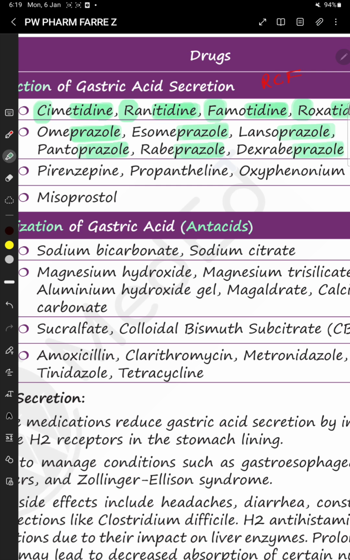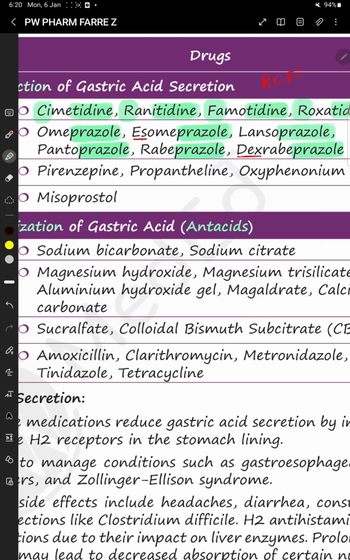To omeprazole we add S to get esomeprazole, and to rabeprazole we add dex to get dexrabeprazole. Then there are lansoprazole and pantoprazole. Pantoprazole is commonly used.